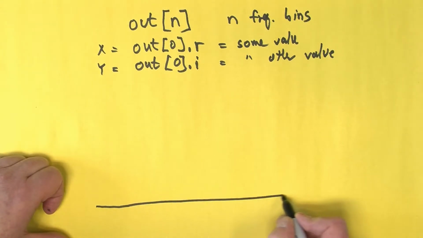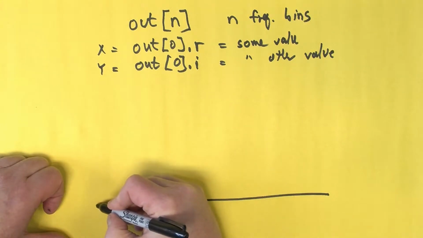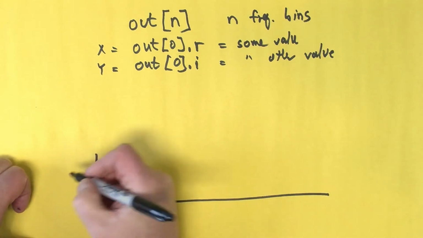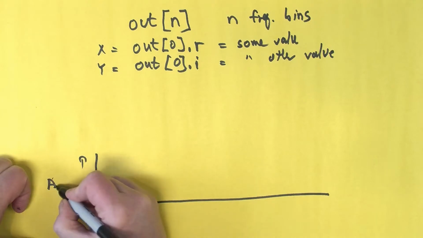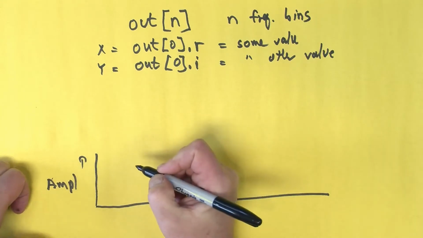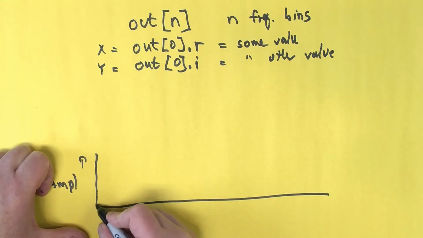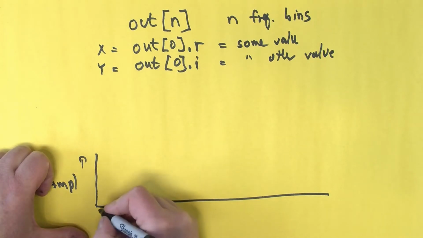So what I'll do here is draw a diagram where this axis going up here is the amplitude, and each entry here is a bin.